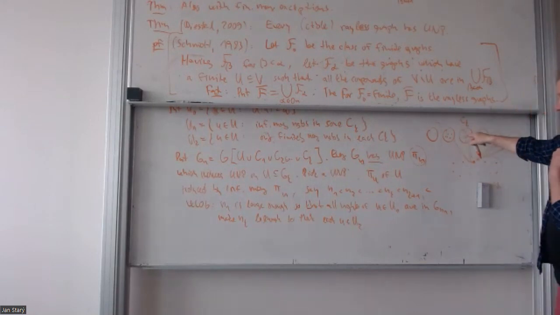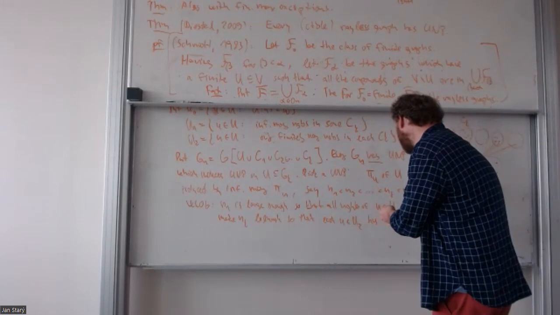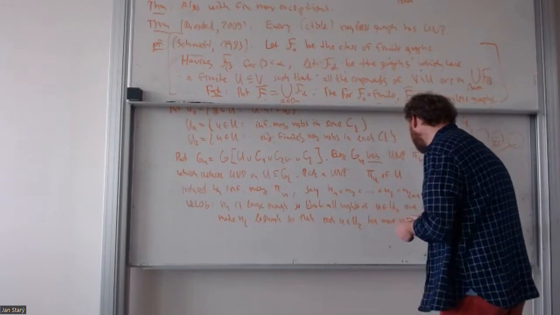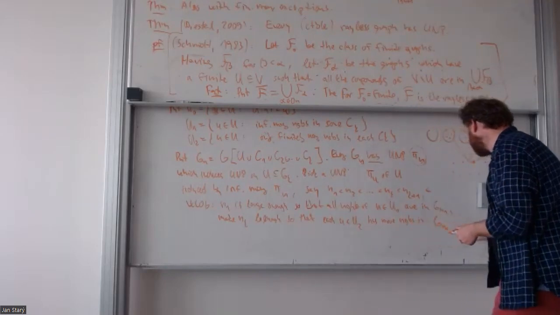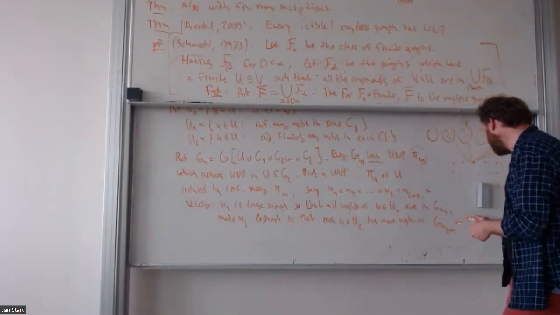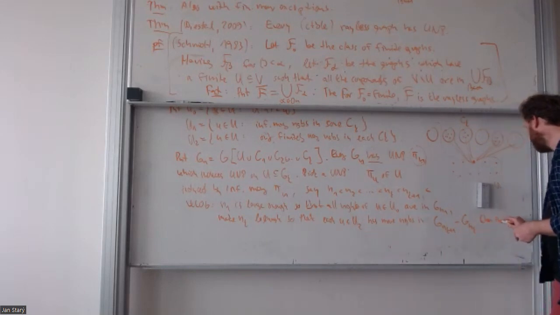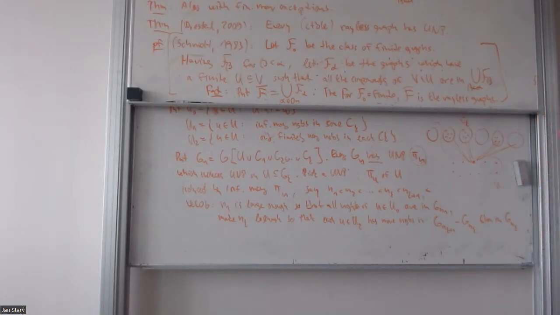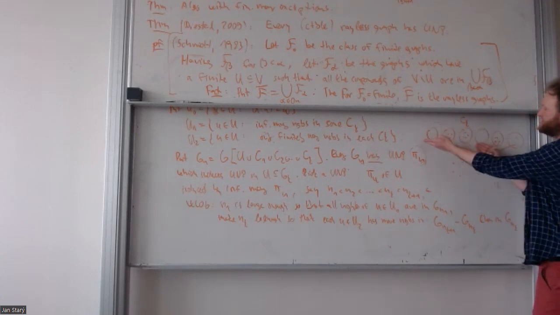So make sure that he has more neighbors in the subgraph G_{n_{k+1}} minus G_{n_k} than in G_{n_k}. This can be done because if not, up to here he only has, say, 100 neighbors in these guys.